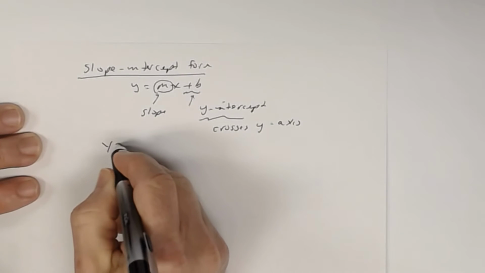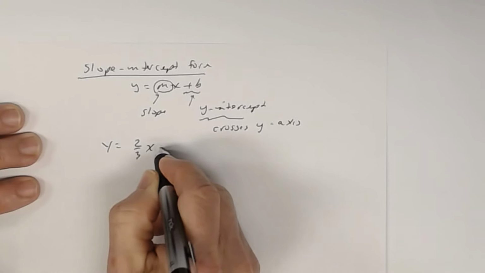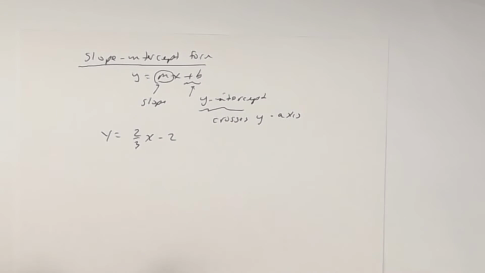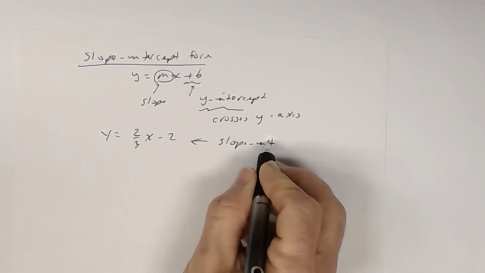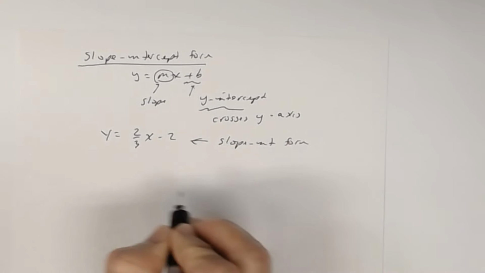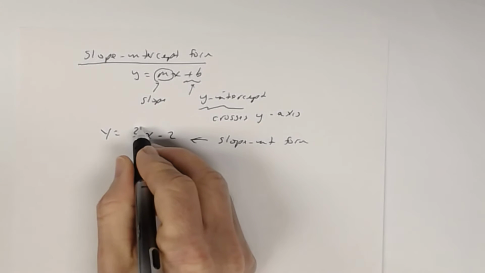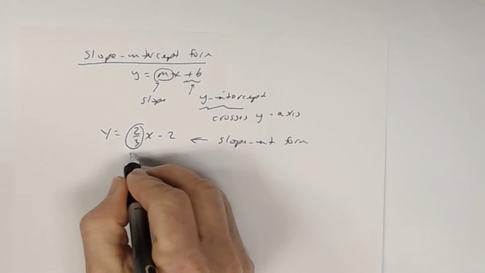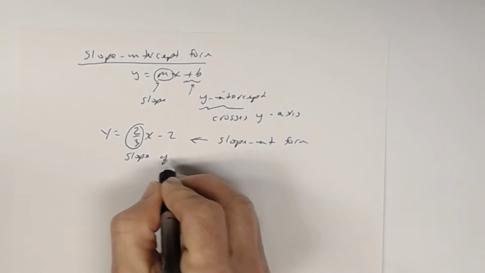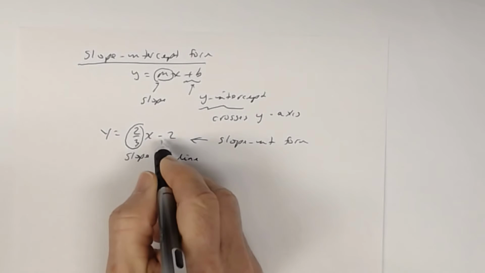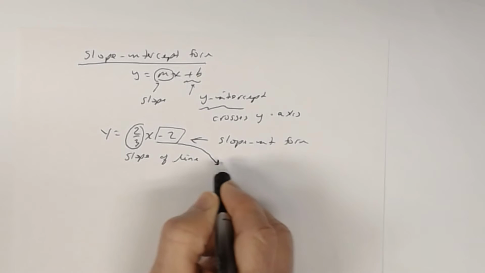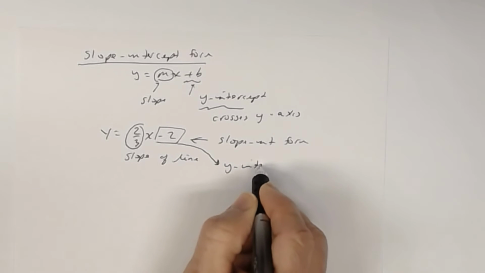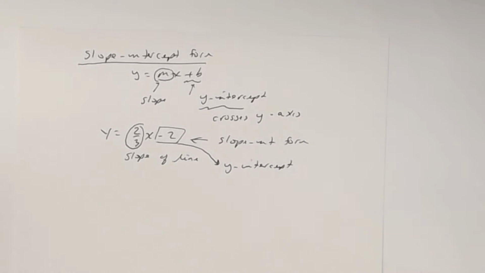So if I have y equals 2/3 x minus 2, let's say, this is slope-intercept form, because y is by itself. This number right here is the slope of the line. This constant, -2, is your y-intercept. All right?